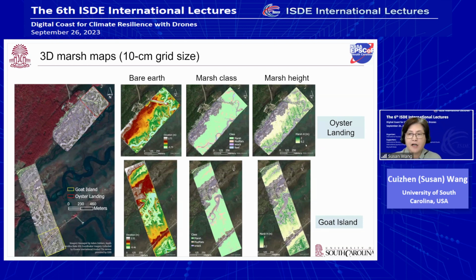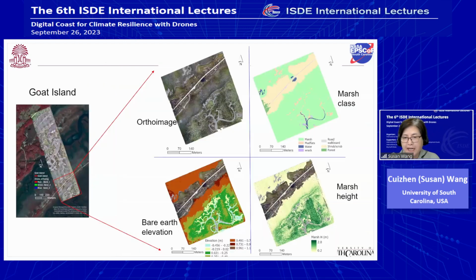Another output is the marsh height. We tested two strips. One is Good Island, another is Oyster Landing. So we can tell all these spatial distributions of marsh height. And more details in the training area of Good Island.